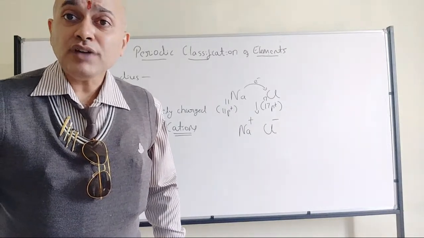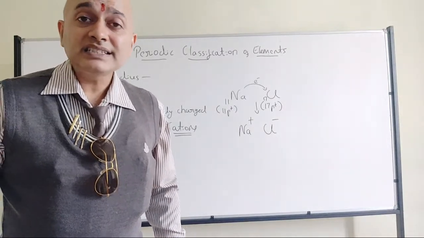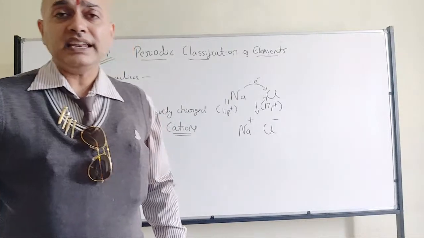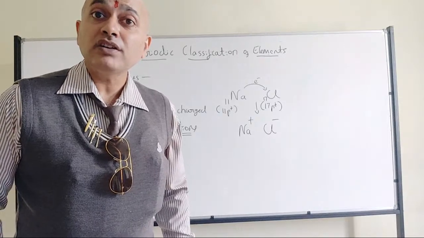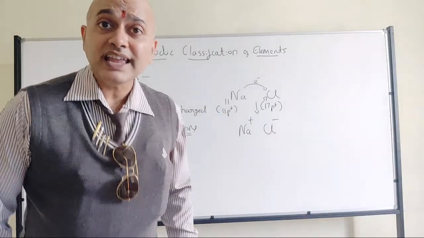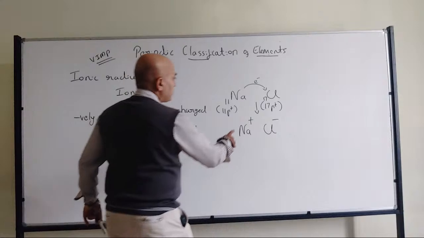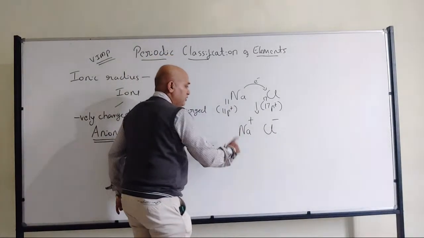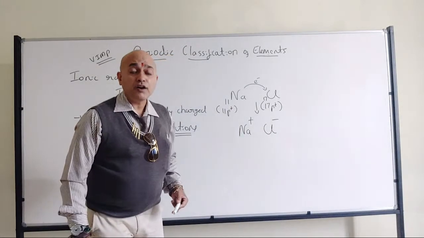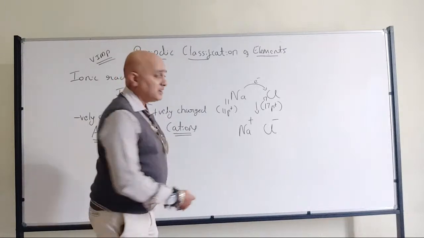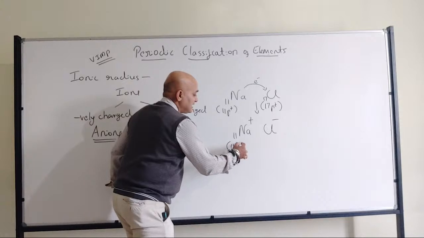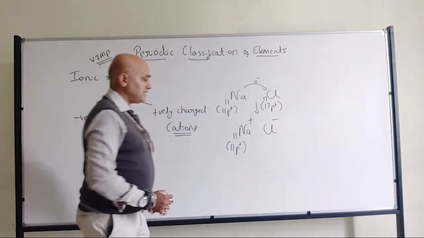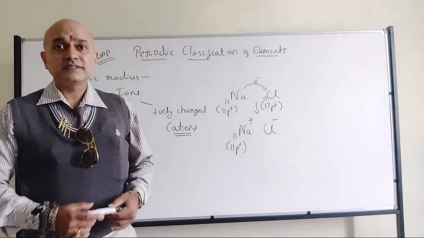But when it comes to ions, since there is a gaining and losing of electrons, still atomic number will remain the same because the number of protons is the same. Whether I am talking about sodium or Na plus, the number of protons is the same. There are 11 protons still inside the nucleus, even in Na plus.